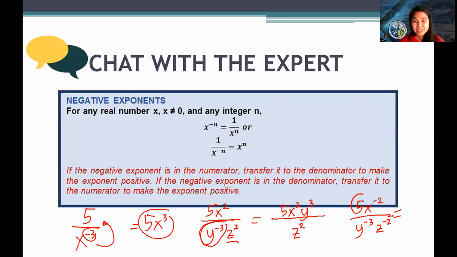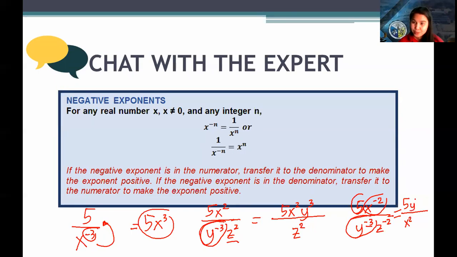There's no negative exponent for 5, so it must stay. Now for x, the exponent is negative. It must go down. X squared. Next, in the denominator, the exponent of y is negative, so it must go up.